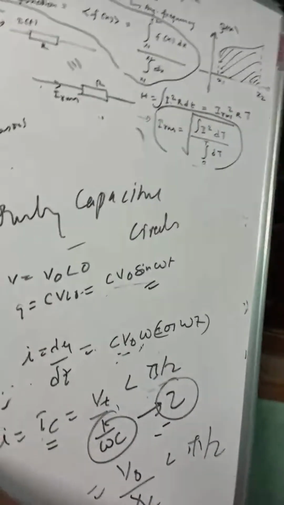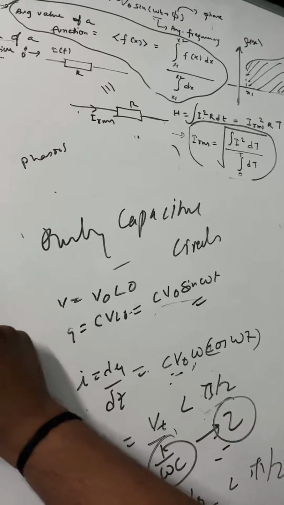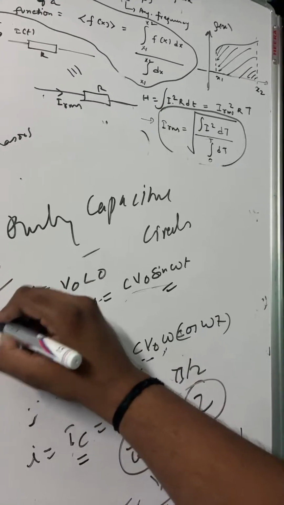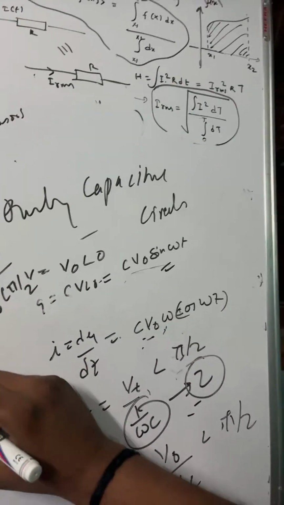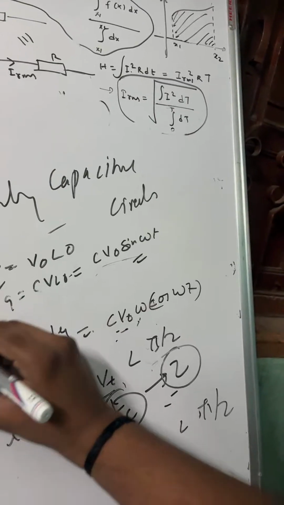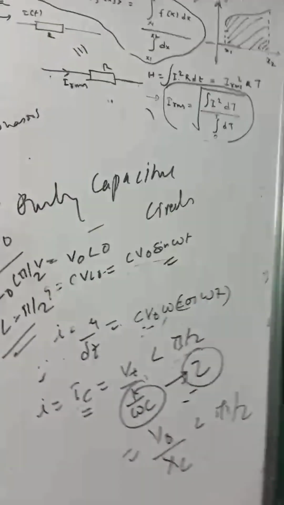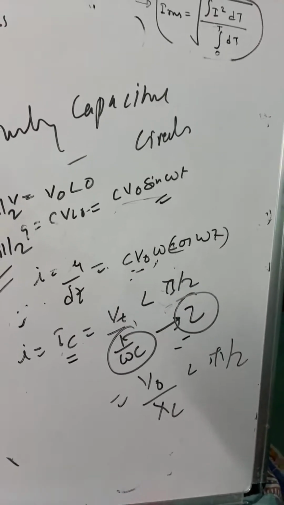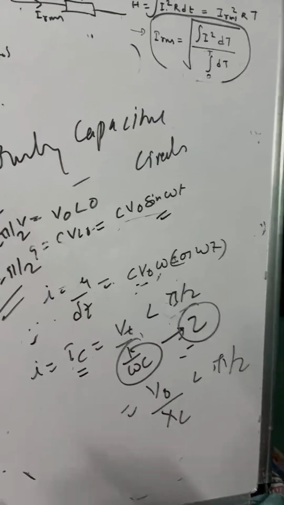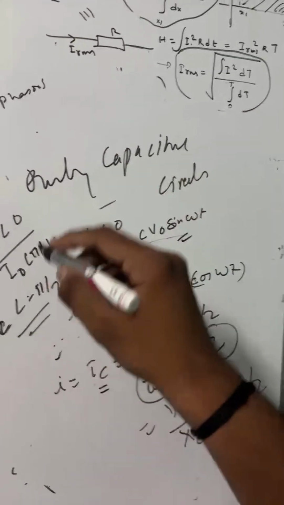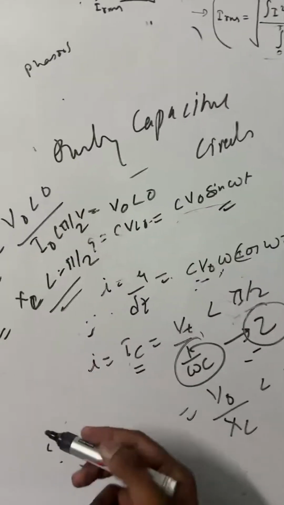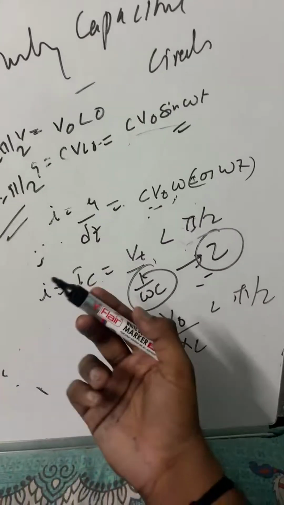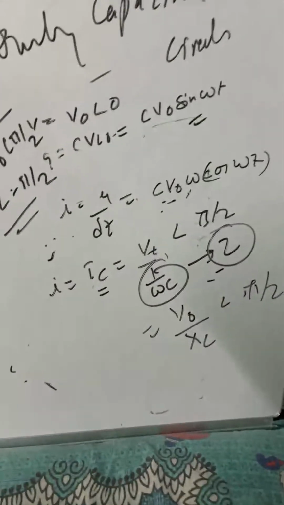So in case of XC also, if we calculate XC, it's VC by IC. V naught angle 0, I naught angle pi by 2. So it will be XC angle minus pi by 2. So the impedance, the complex resistance, or what we can say the capacitive reactance of the purely capacitive circuit is lagging behind the voltage by a phase of pi by 2, and the current is leading the voltage by an angle of pi by 2.